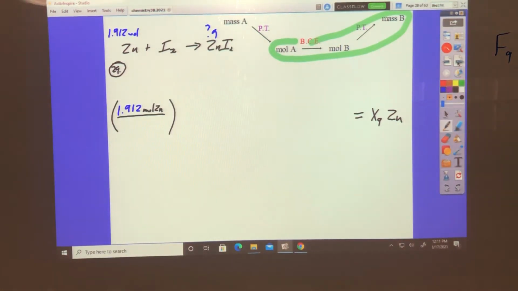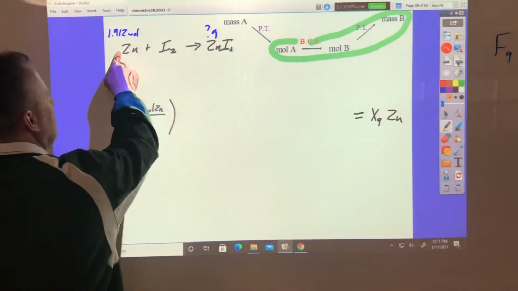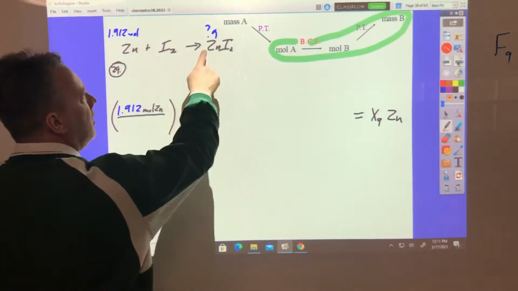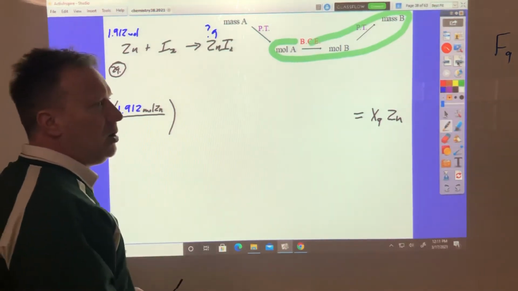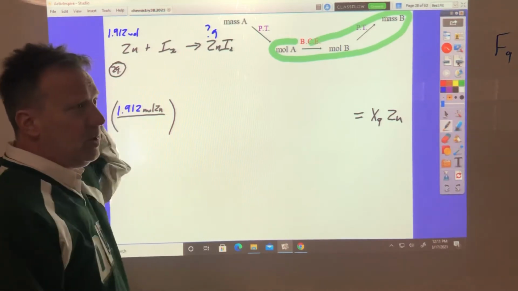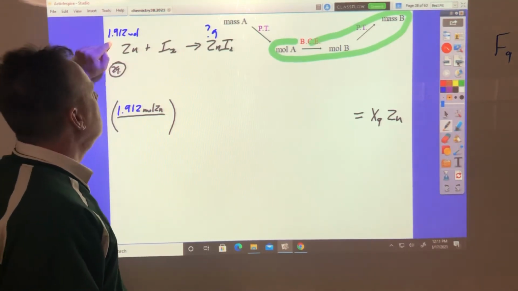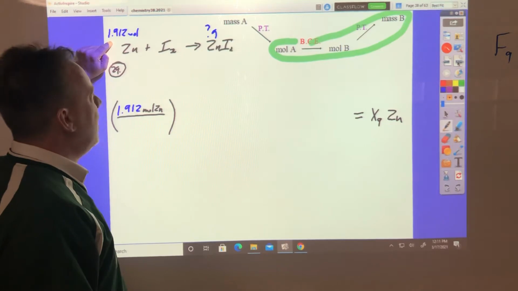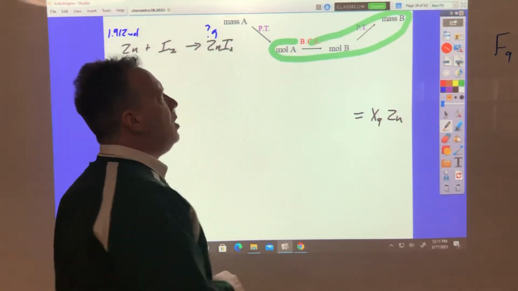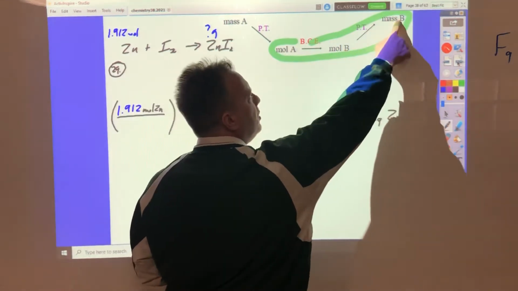That's already balanced because I have 1 times 1 zinc, 1 times 1 zinc, 1 times 2 iodine, 1 times 2 iodine. This reaction does, however, give you a lot of heat when you do it. And you've seen it makes a mess inside the Erlenmeyer flask. So since we want to know how many grams, we are doing moles to grams.